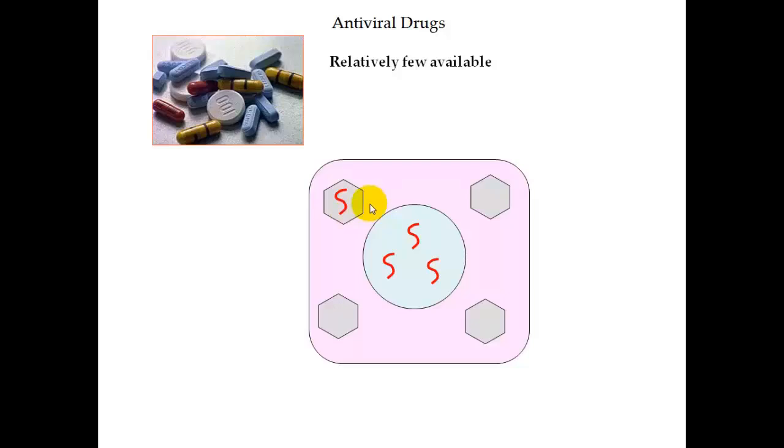They use our own cells' ribosomes, they use the nucleotides inside of our own cells. It's hard to find something that'll harm just the virus, but not harm our cells. Right, so that's why it's really tough to come up with a selectively toxic antiviral, because it's hard to prevent viral infection without harming our own cells.